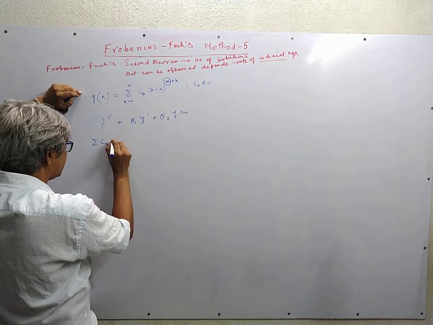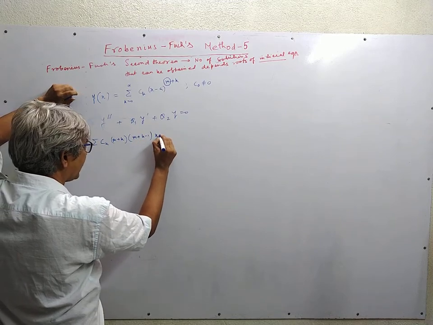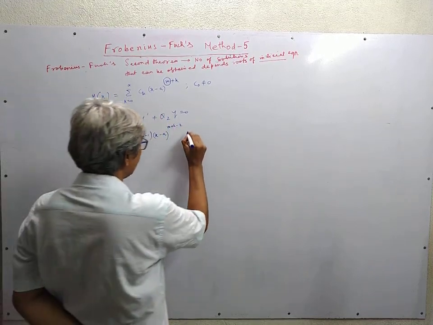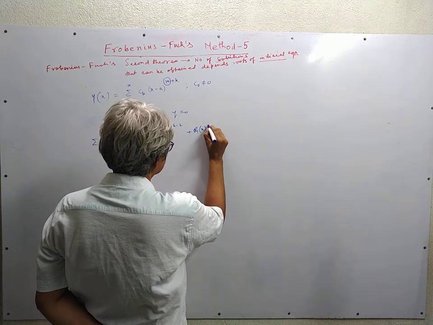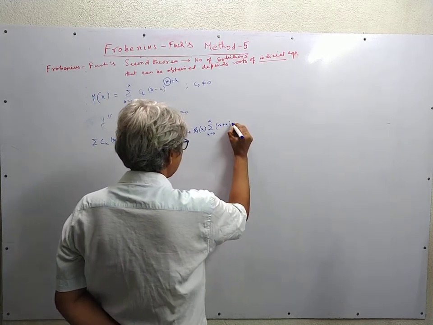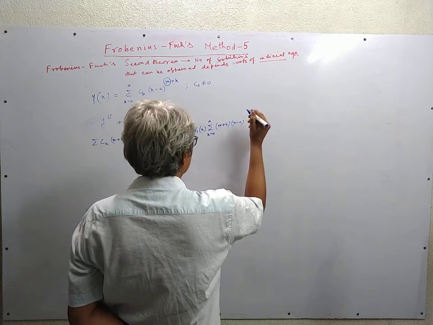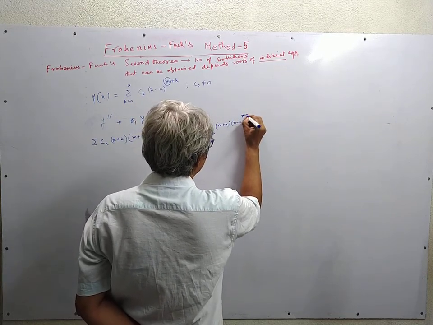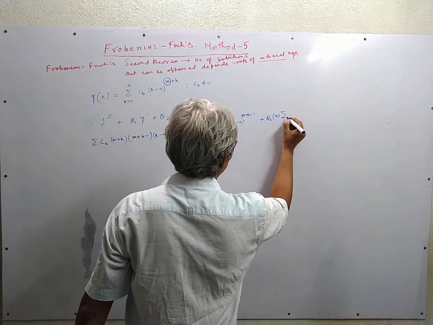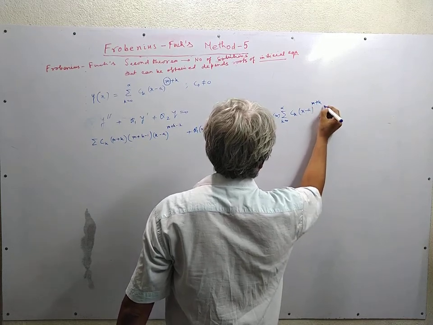If we differentiate it twice, the first term is (m plus k), the second term is (m plus k minus 1), times (x minus a) to the power m plus k minus 2, plus q1 of x summation over k equals 0 to infinity (m plus k) (x minus a) to the power m plus k minus 1, plus q2 of x summation over k equals 0 to infinity ck (x minus a) to the power m plus k, equals 0.